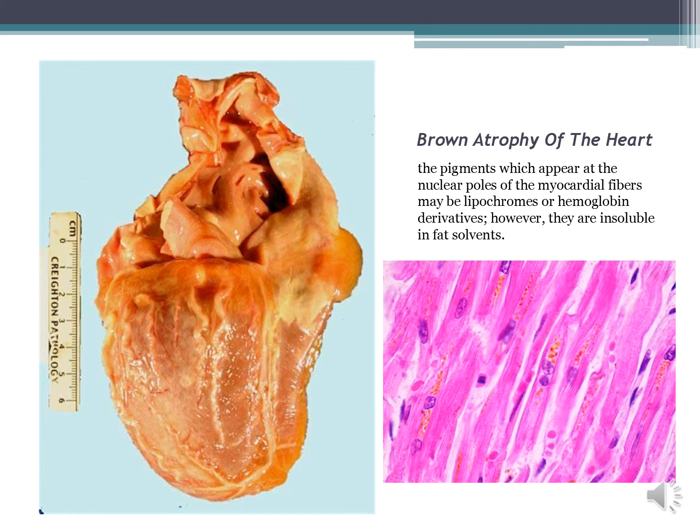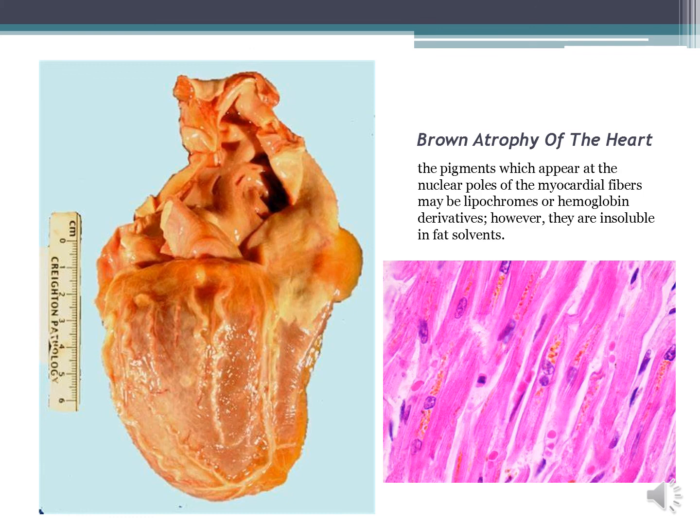Also pay attention that some of the cardiomyocytes are atrophic, and we see widened connective tissue between them, and some of them have lost the striated pattern which is seen in normal cardiomyocytes.